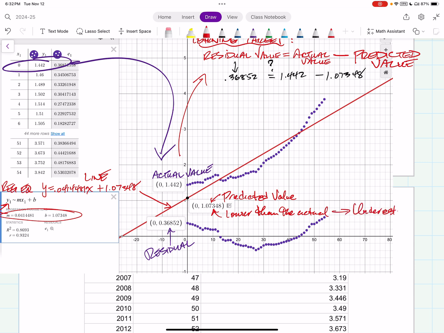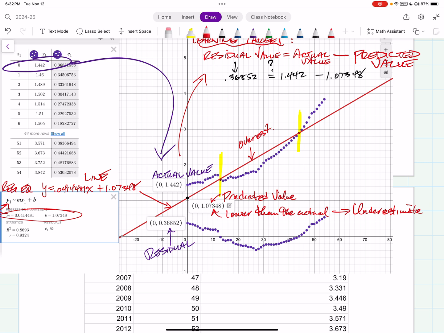Now, I always like to interpret the graphs as I develop them, because you won't be able to answer any of the questions unless you actually understand what you're doing. If the predicted value is over the actual value, you have an overestimate. Like right through here in this section, between maybe this point and this point, you have an overestimate.